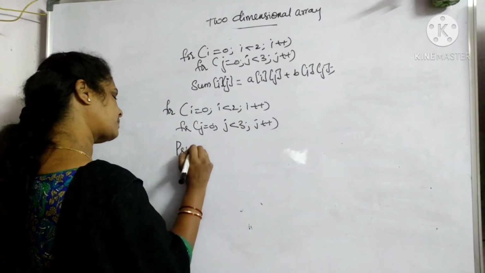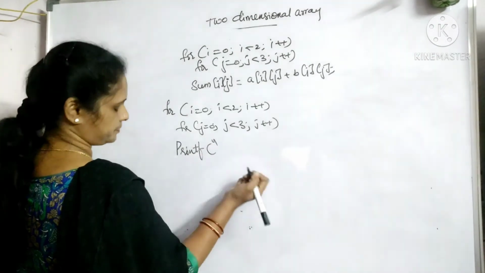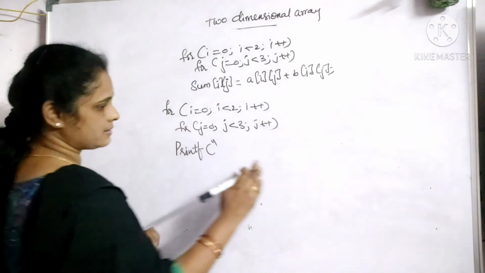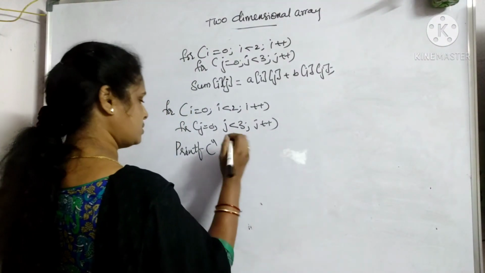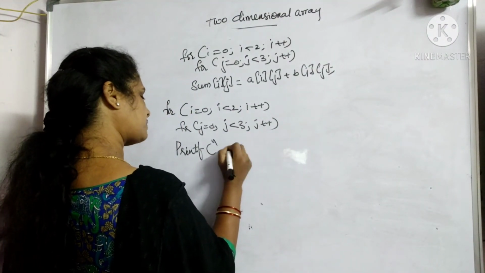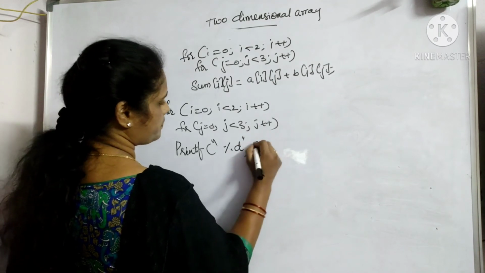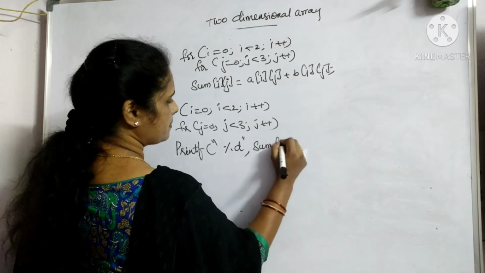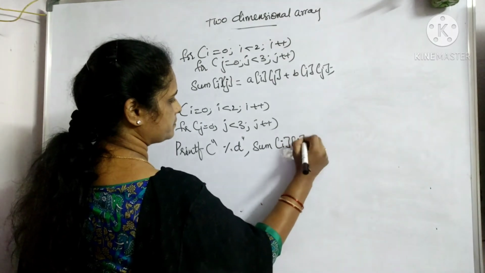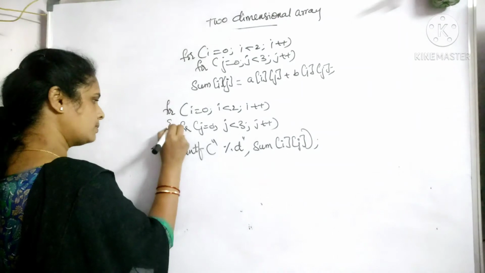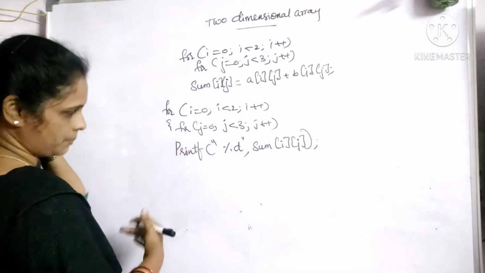printf. I need to display row by row. So %d, sum[i][j], right? After the completion of the first row, it has to come to the next line.